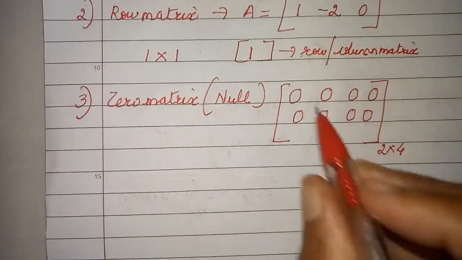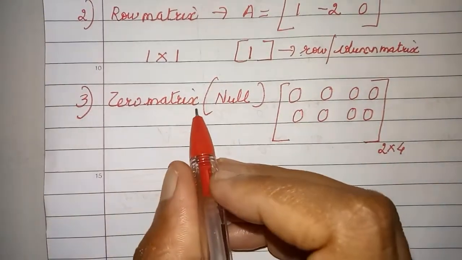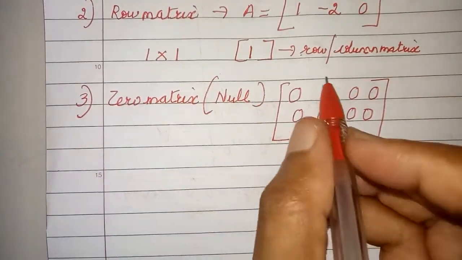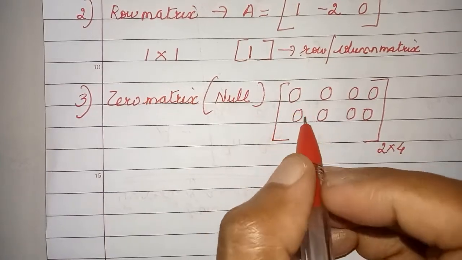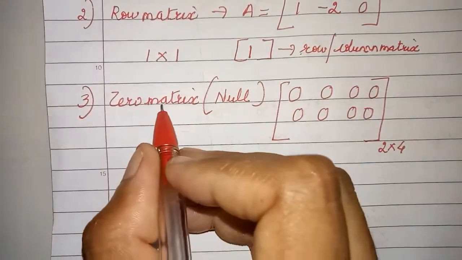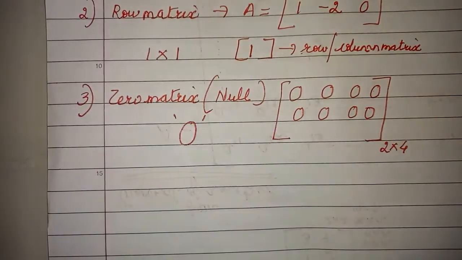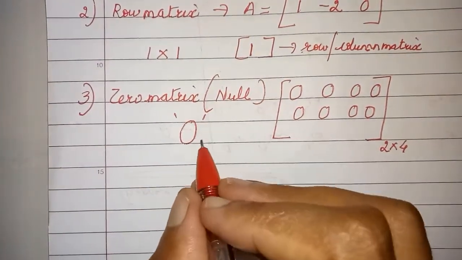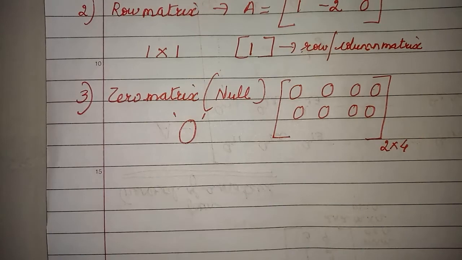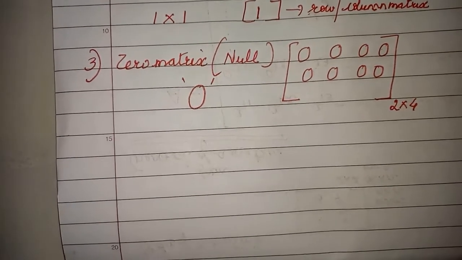Here, see, it is 2 cross 4, 2 rows and 4 columns. So a matrix in which all the elements, all the entries, are 0 is called a null matrix or zero matrix, and it is denoted by capital O, because it is understood that O stands for number 0, right? So it is zero matrix.